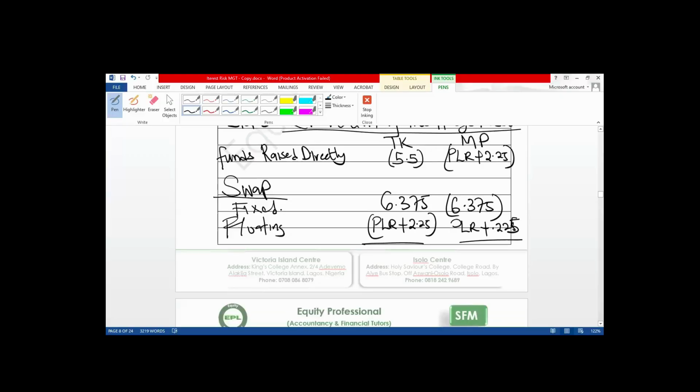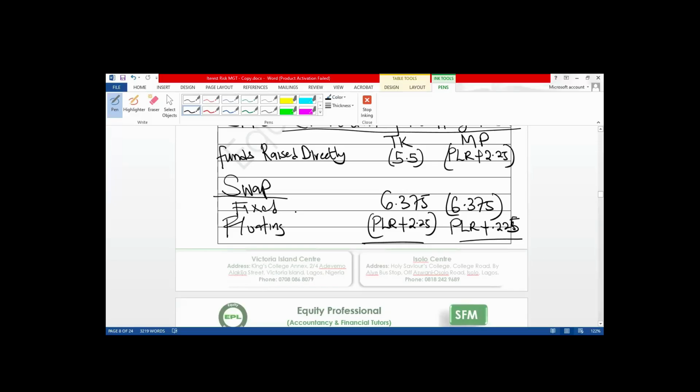Work these three variables out and you are going to get minus 1.375, the prime rate plus 1.375.